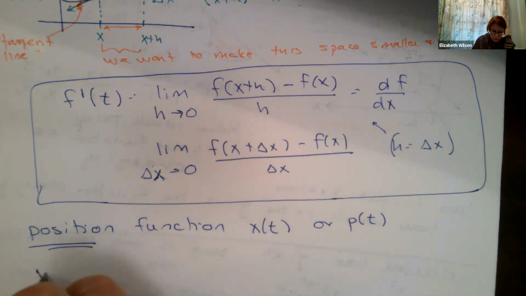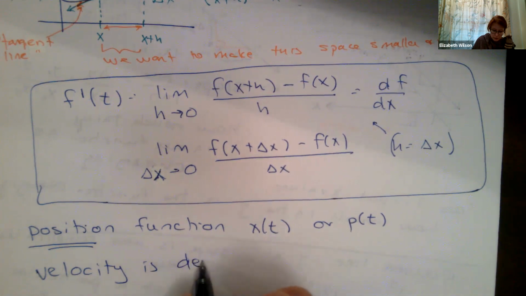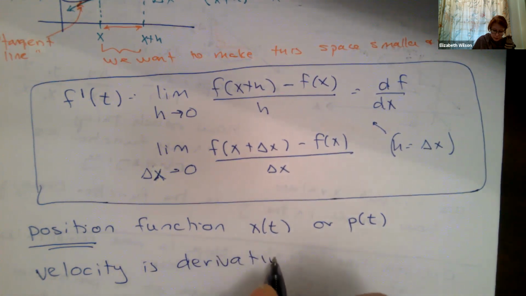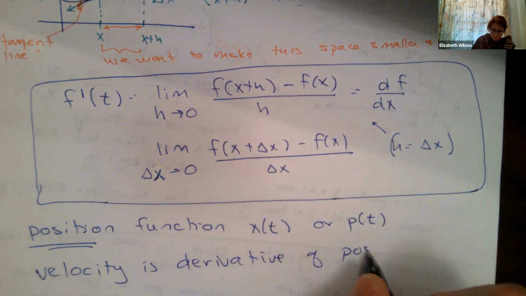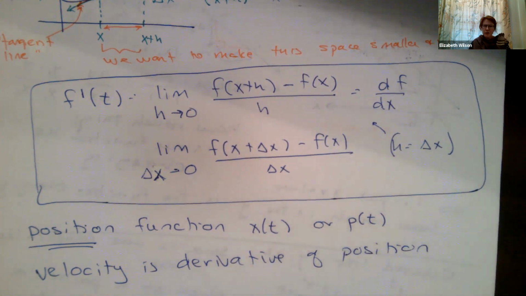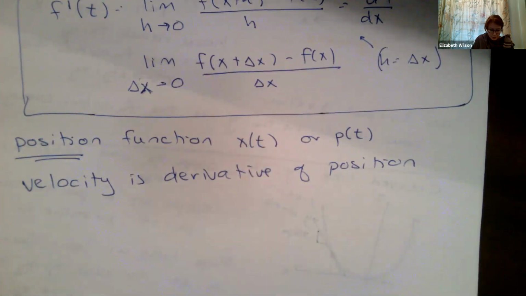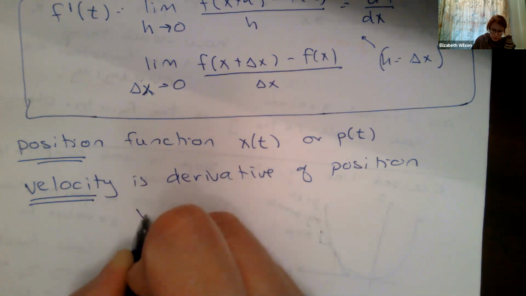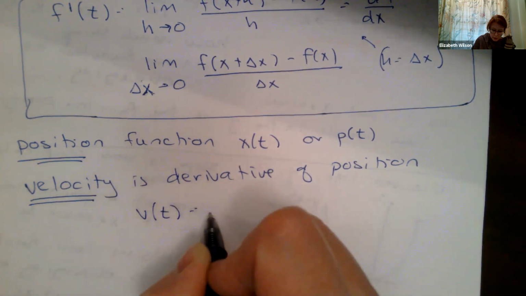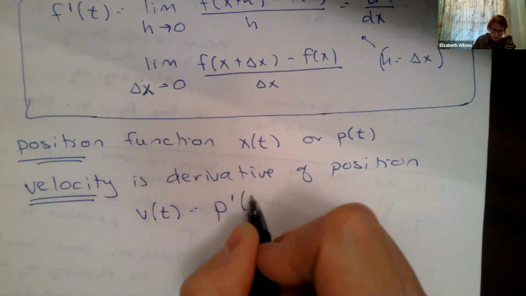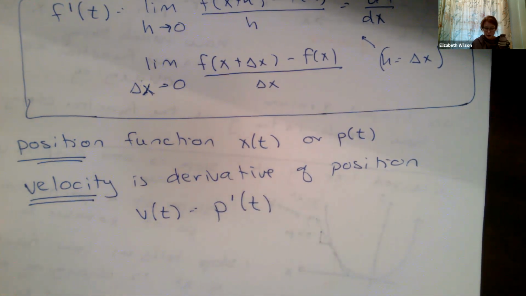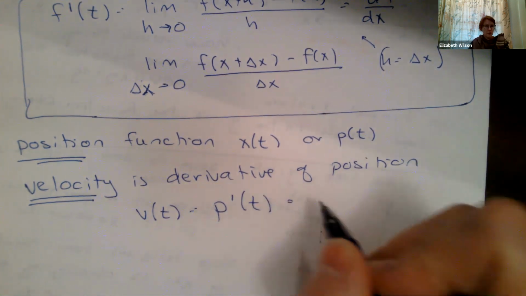When I think about velocity, it is our derivative of position. And it goes like this. So velocity equals the derivative of our position. Now, how I think about it, what's our derivative? Our derivative is a slope.